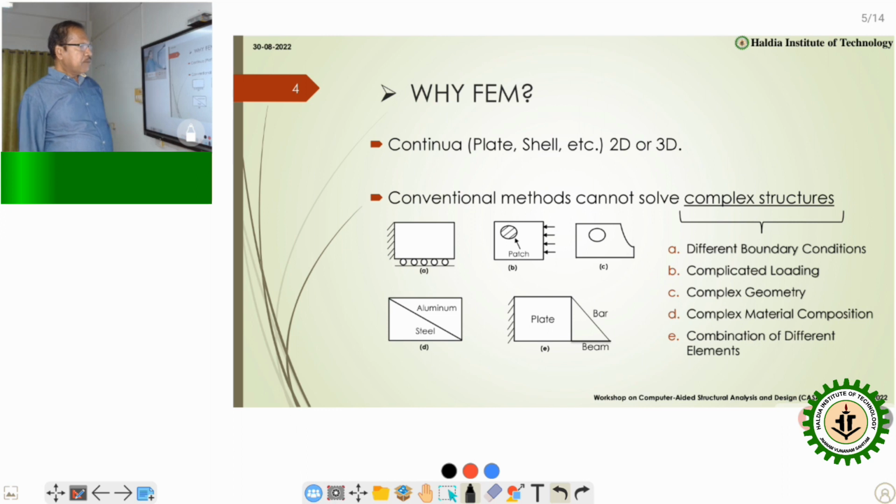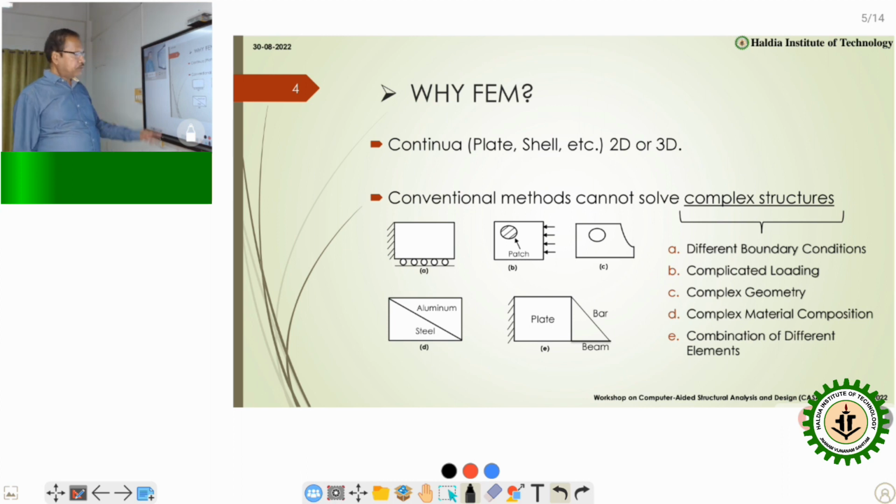Then comes complex material composition. Now you see the simplest one is taken here. Suppose the plate consists of one portion as steel and the other portion is aluminum. In that case, analyzing the thing becomes quite difficult.